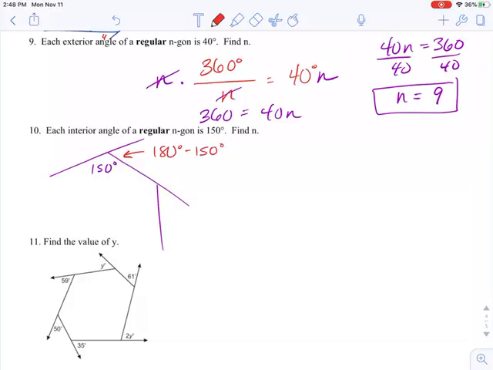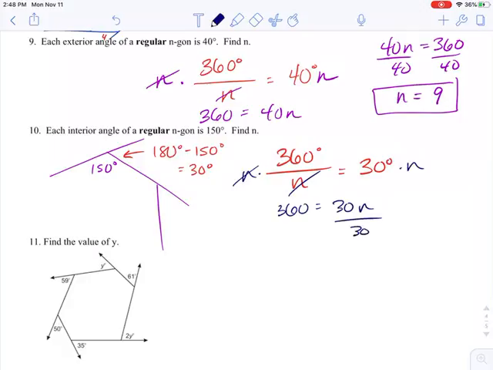And since these add up to 180, that exterior angle must be 30. And then I can use the same process as I did in number 9. 360 divided by n must equal the measure of one exterior angle. And I'll multiply both sides by n. 360 equals 30n. So n is 12.